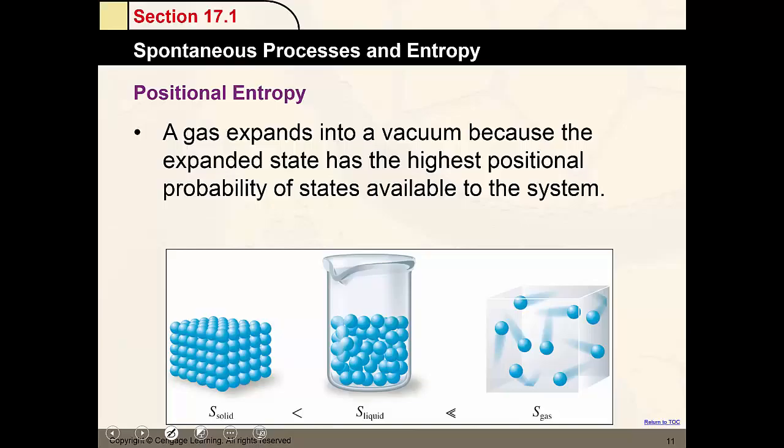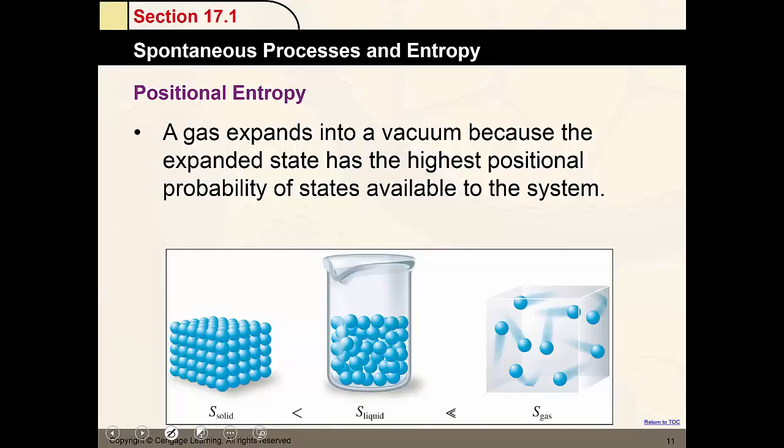So a gas expands into a vacuum because it has the highest positional probability states available to the system. So the opposite is highly improbable, meaning you're not going to have a gas that's spontaneously filling up its container shrink down and go into one side of that container.